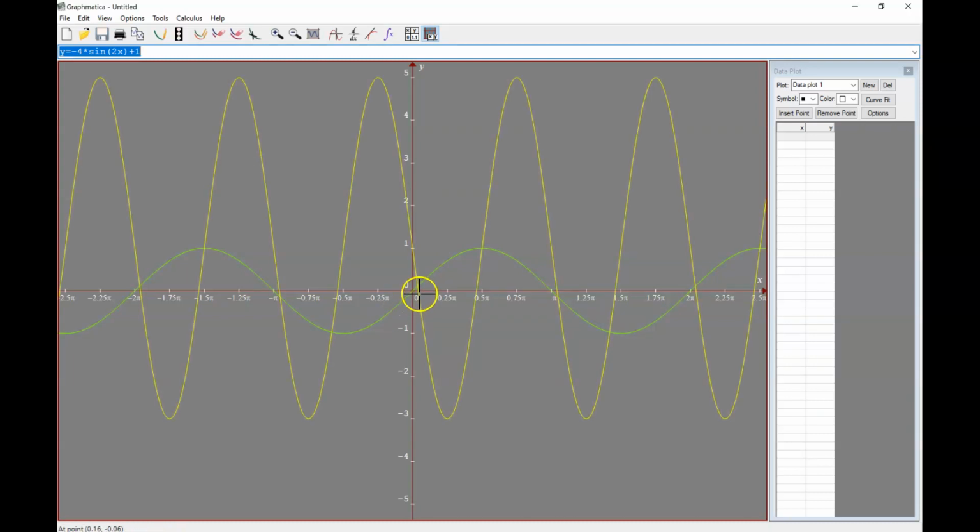If I look at the period, starting here, going to there, it looks to be about pi, so that matches up. And it's definitely gotten way taller. The midline comes in right through here at y equals 1. So that seems to match up with everything we're saying.